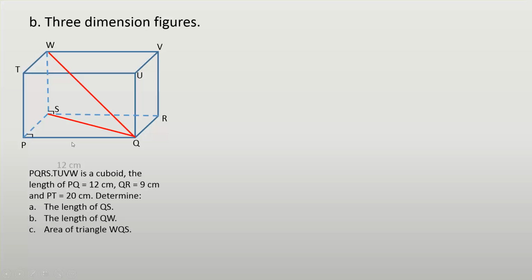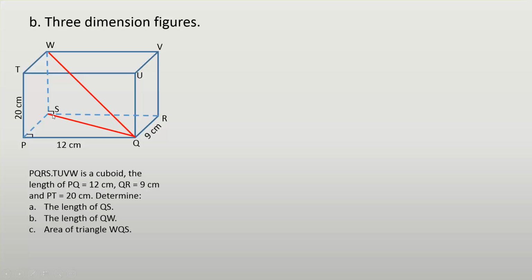Okay, look at this. The length of PQ is equal 12 centimeter. The length of QR is equal 9 centimeter. And the length of PT is equal 20 centimeter. Now, how to determine the length of QS? Okay, QS is called plane diagonal or side diagonal.